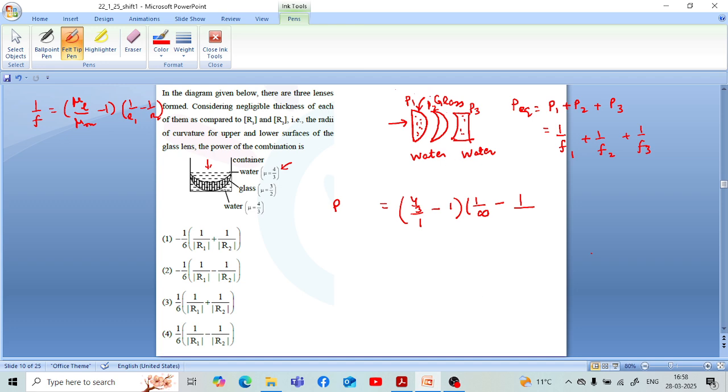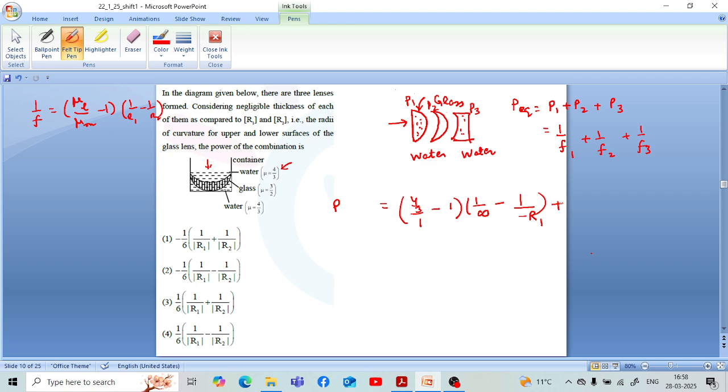This curve coincides with the inner curve of the glass lens, and the radius of curvature of this side of the glass lens has a value of R1. So that's why we use R1, but the direction of the incident ray is opposite to the direction of the radius of curvature of this water lens. So that's why we have to use minus R1.